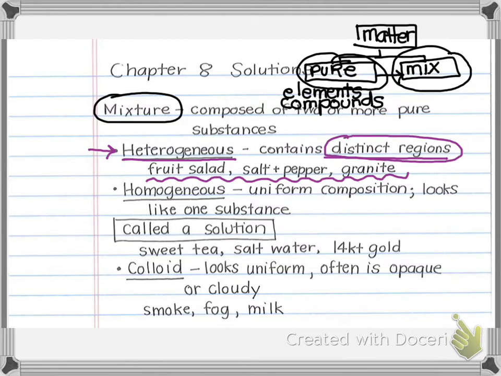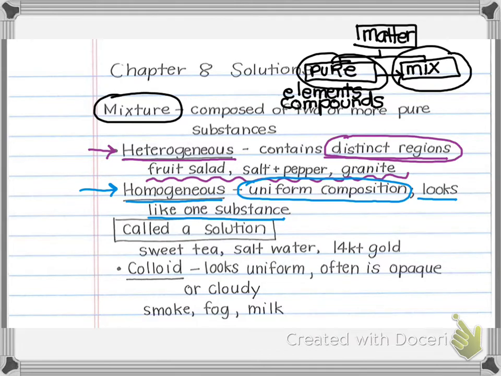Now, a second type of mixture, and the one that this chapter is really based on, is homogeneous. Homogeneous mixtures are uniform. As a result, our observation would be that it only looks like there's one substance. So there are no distinct regions.